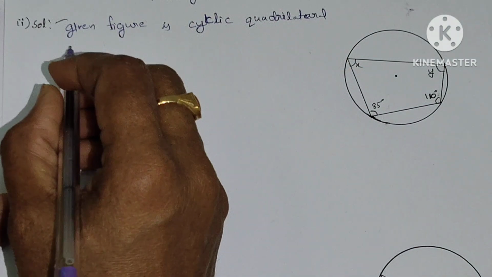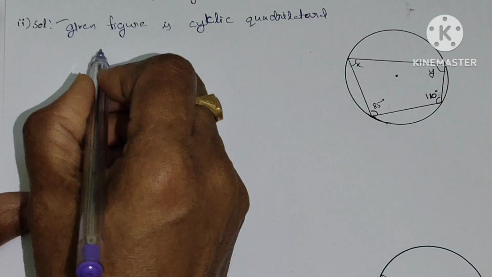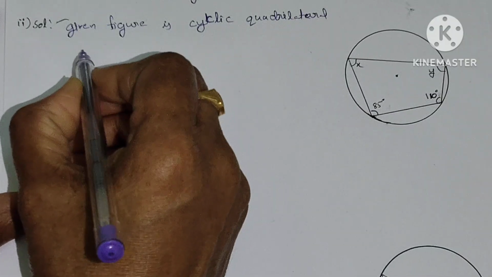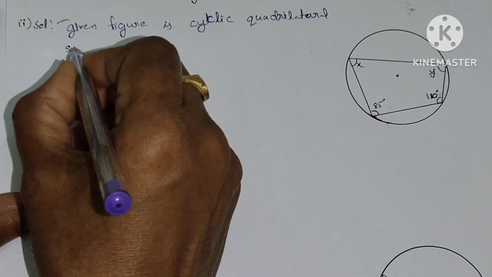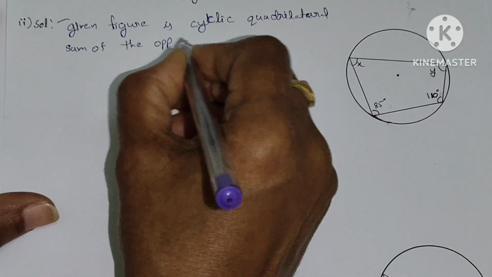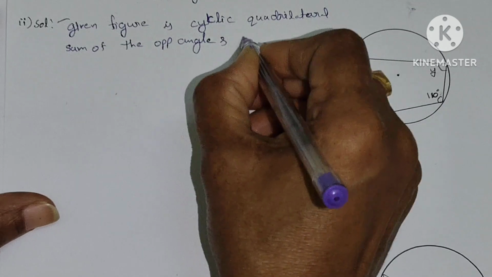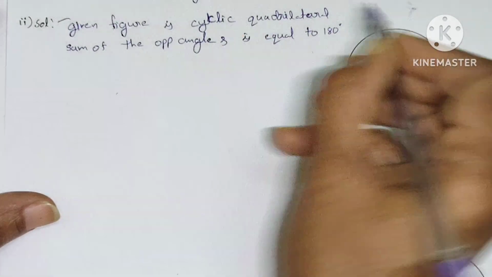Cyclic quadrilateral means the sum of the opposite angles is equal to 180 degrees.